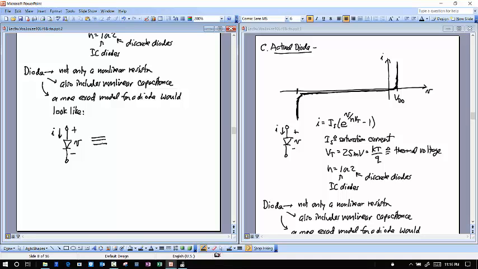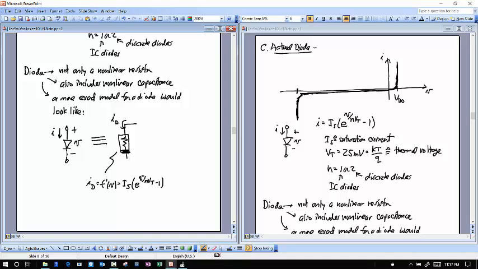But this I can really equate to a circuit that consists of not only a nonlinear resistor that models that transfer function. So this is a nonlinear resistor where the diode current here, so I'll call this current going through this, I sub D, is going to be equal to some function of the voltage, which is, I'll repeat, I sub S times e to that voltage over N V T, minus 1.